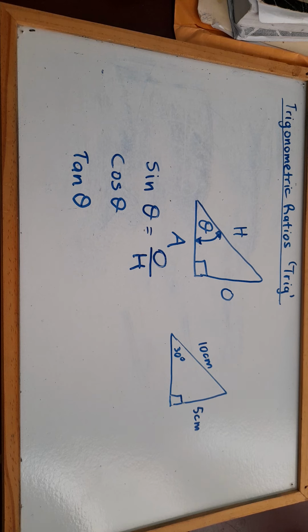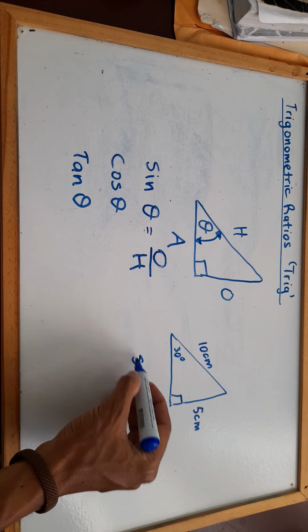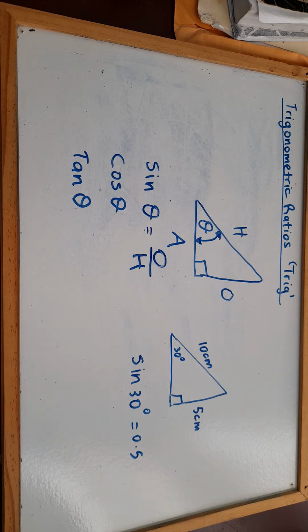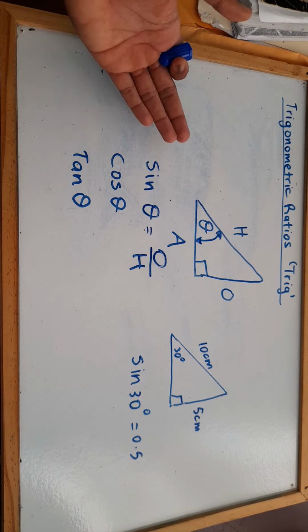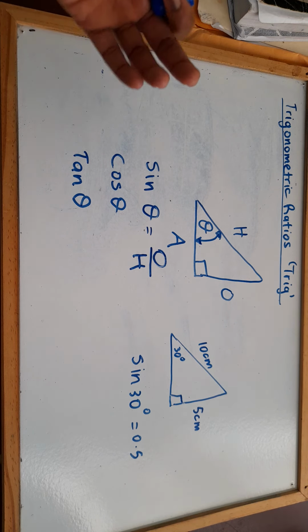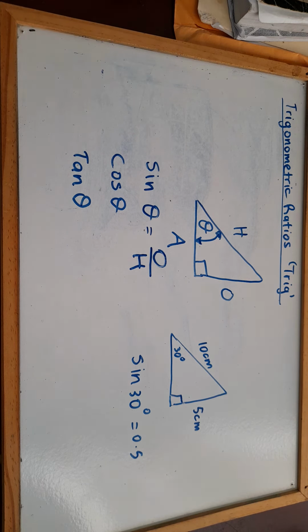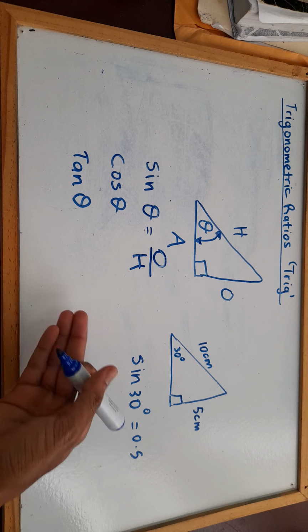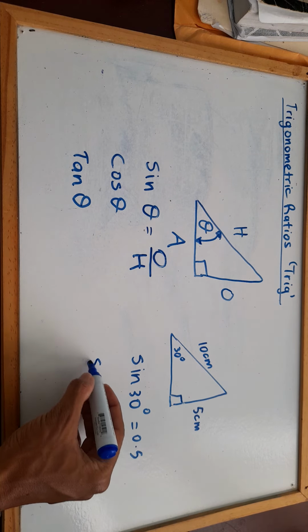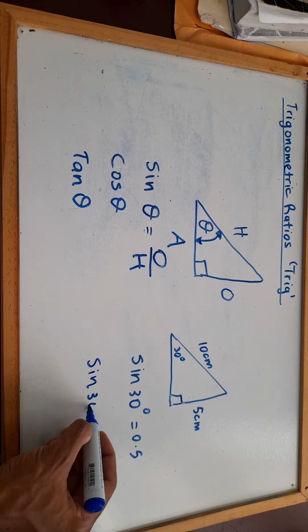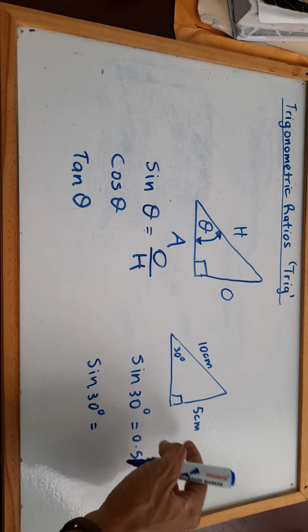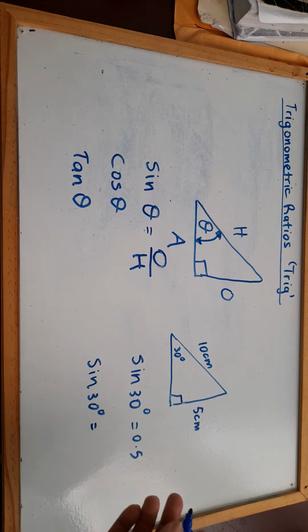We'll use this as an example. This is just a random triangle I'm using to explain the concept. Remember, if we use our calculator and put in sine 30 degrees, we'll get 0.5. But you don't really have to use a calculator to get a value. What the ratio is saying is that sine of whatever angle would be the same as if we had just divided the opposite by the hypotenuse.